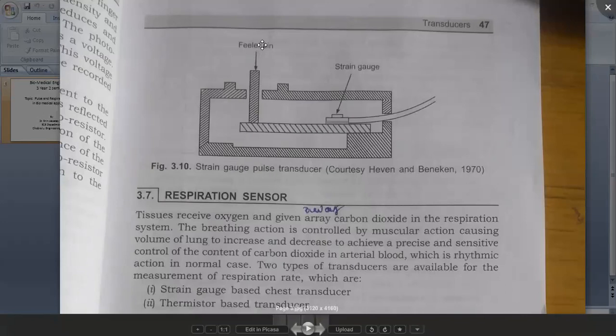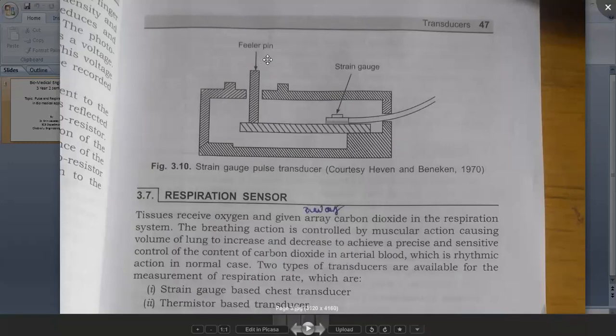So when we place our finger on the feeler pin, it applies a pressure over the feeler pin and the leaf spring, which causes a displacement, and that displacement will be identified by the strain gauge, because the strain gauge is connected to the leaf spring, and the leaf spring senses the variation of the blood placed over the feeler pin.